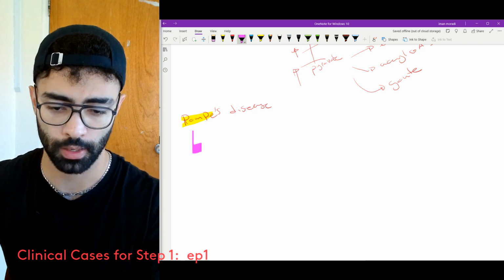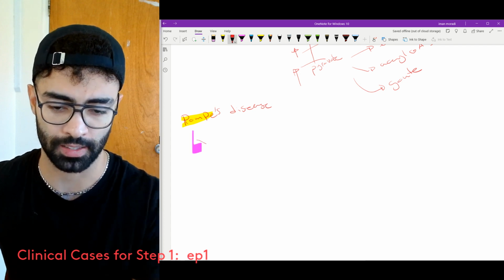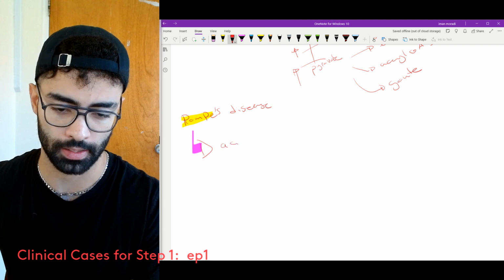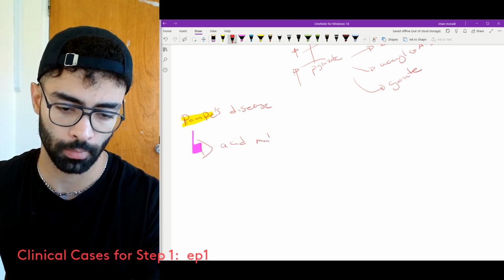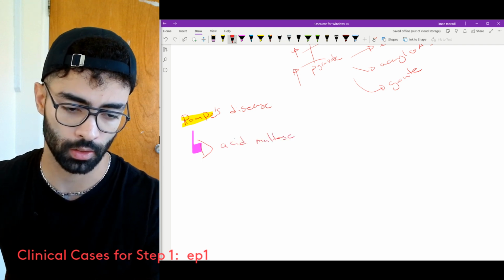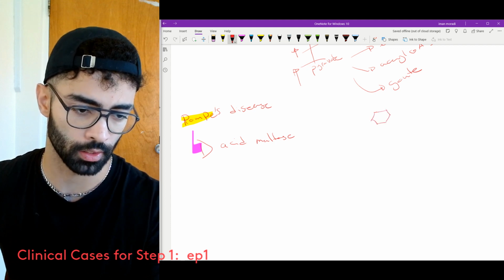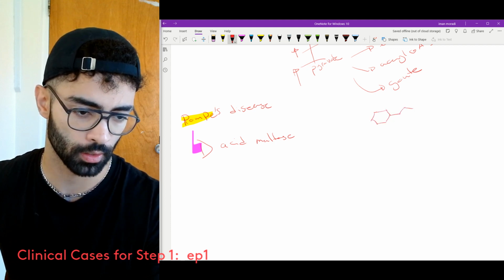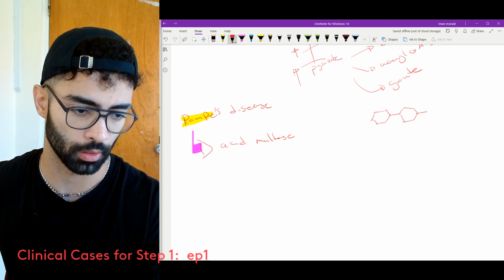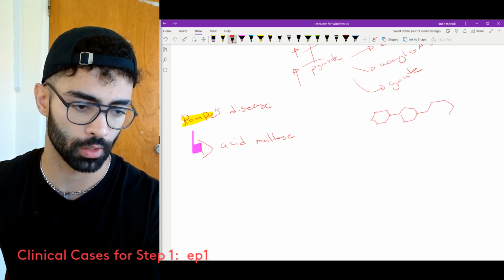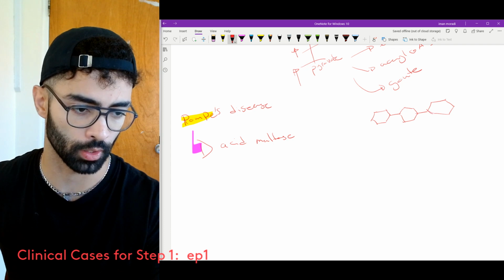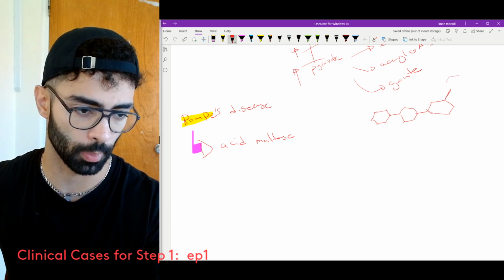So the enzyme that's defective here is called acid maltase. If you remember, when glucose molecules bind together, they can either bind in a line, or once in a while, some of them can go in branches like this, okay?